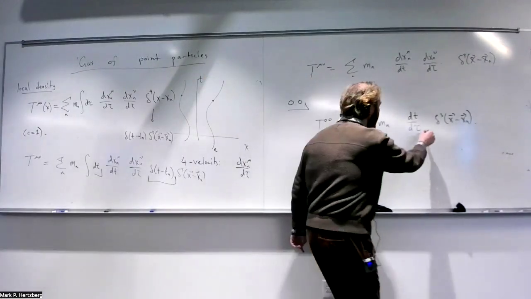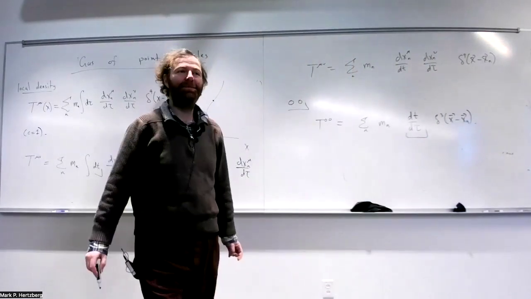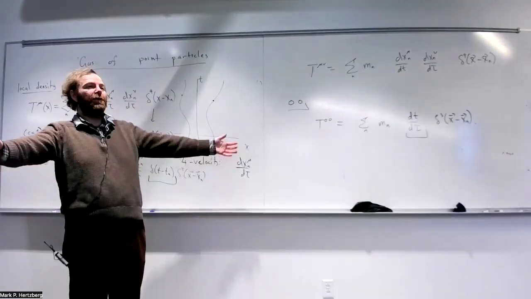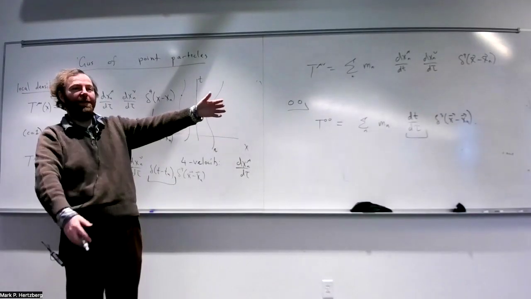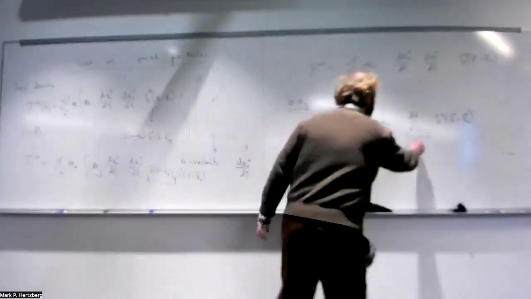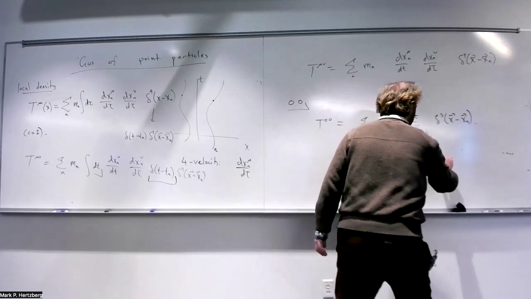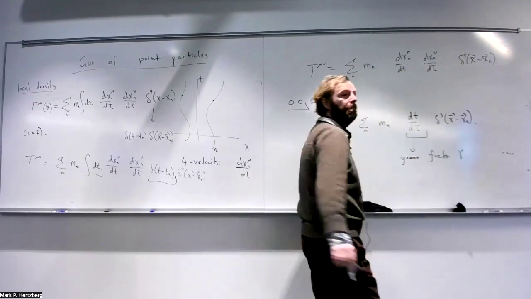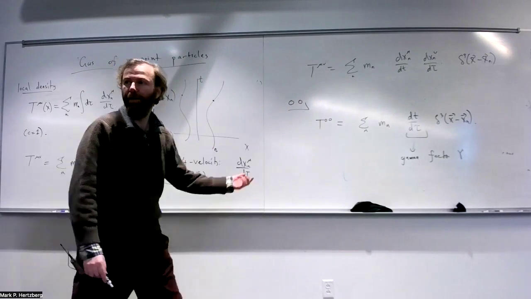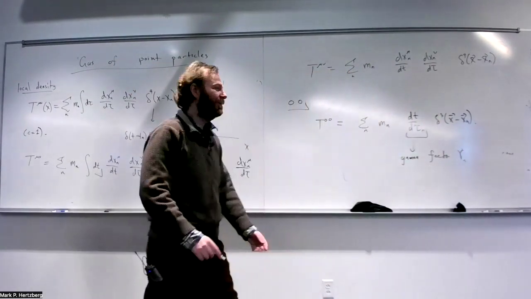Now maybe, does anyone remember what dt/d tau is from your special relativity courses? Some inertial observer thinks the time is t, and there's a proper time tau. Anyway, this is the gamma factor of that particle. That's why I should write tau_n if I was to be complete.